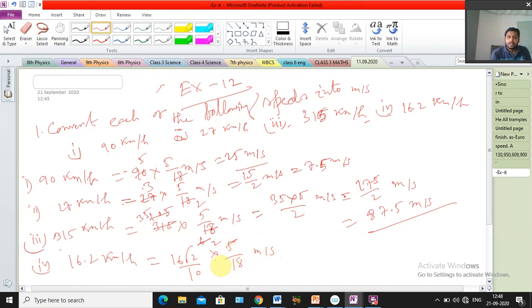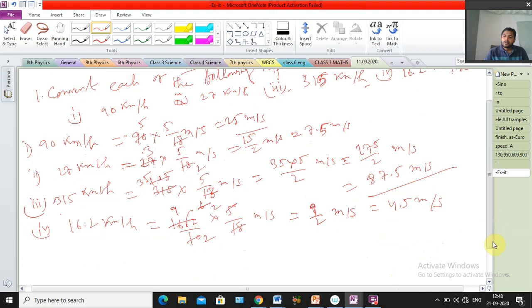Clear? Next, 5 into 10, and 18: 9 times 2 is 18, 9 times 18 is 162. So that means we are getting 9 by 2, and 9 by 2 means 4.5 meter per second. Clear? Easy, very easy question. You can do it also, no problem.